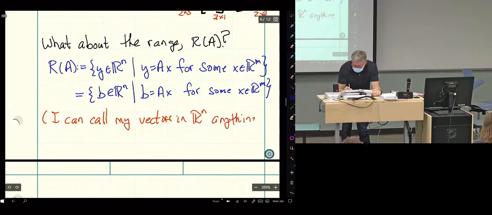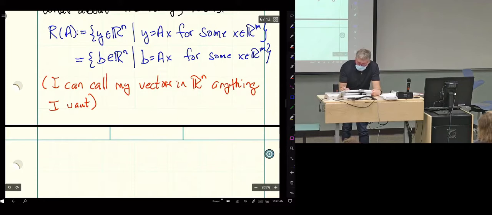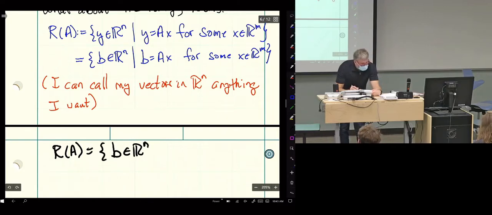So I'm going to call it B. So when I do that, the range of A equals the set of all B once again in Rn. Now I'm just going to write Ax equals B.